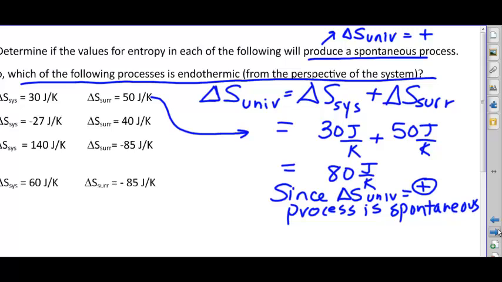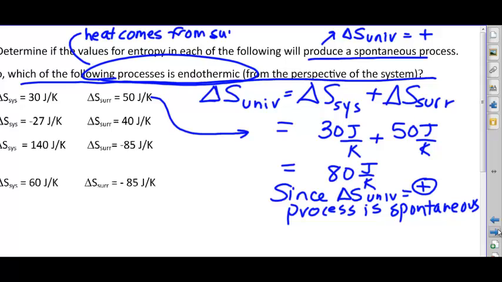So if a process is endothermic, then the heat comes from the surroundings, and delta S of the surroundings will be negative. So it's tricky because even though they say from the perspective of the system, to tell if it's endo or exo, you don't look at delta S of the system.